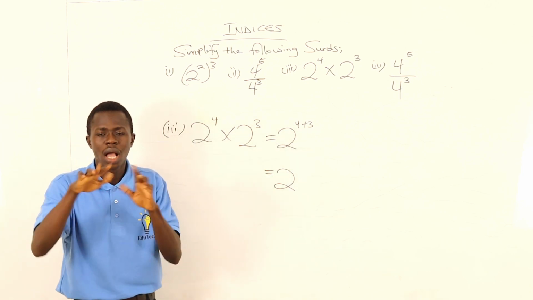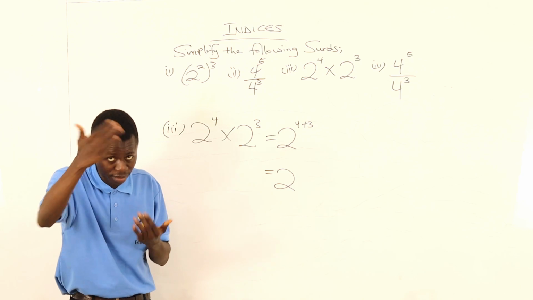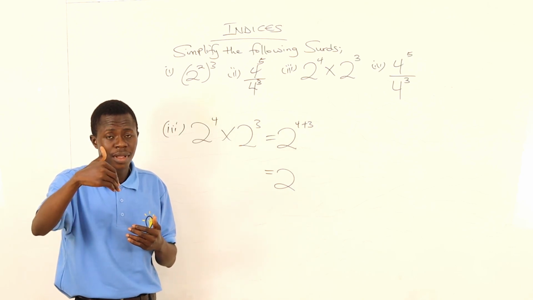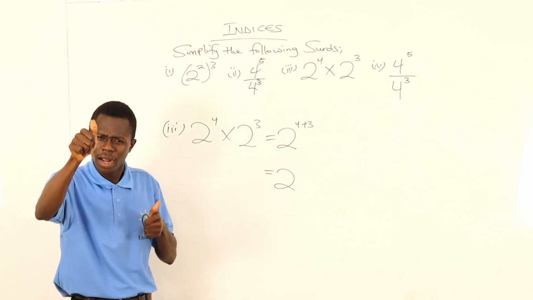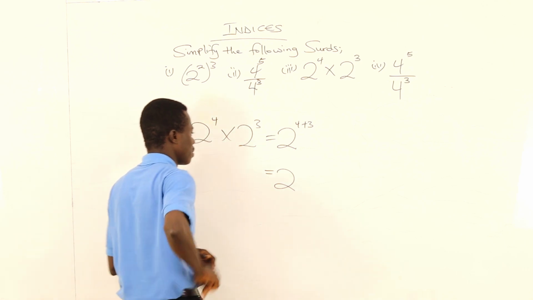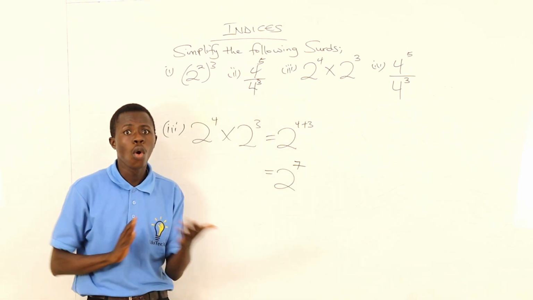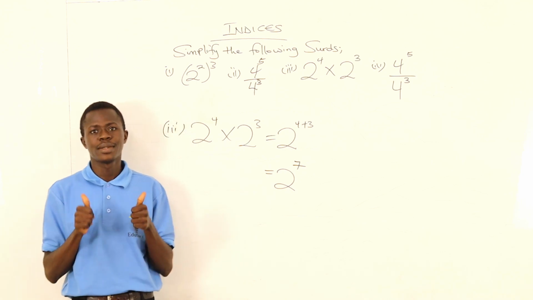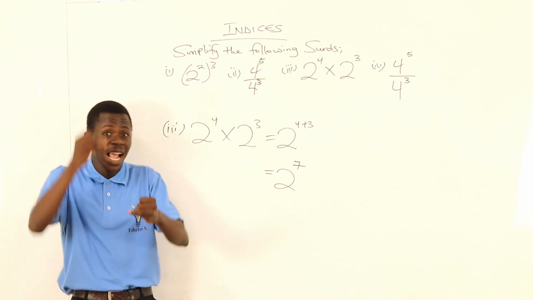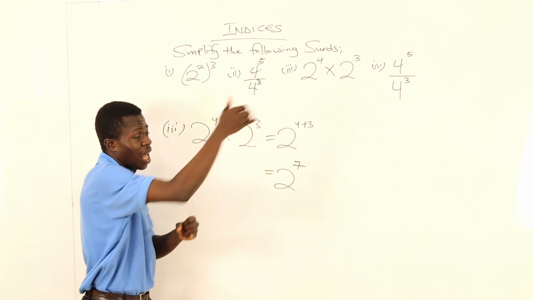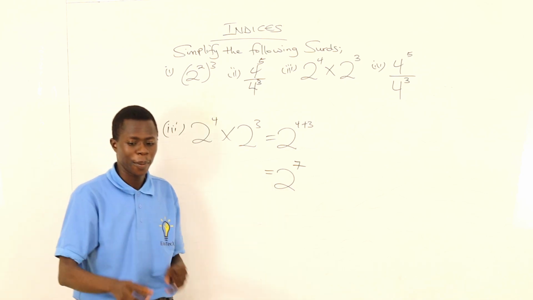So we are going to have 2 raised to the power 4 plus 3. Now, 4 plus 3 gives us what answer? 7. So our answer is going to be 2 raised to the power 7.